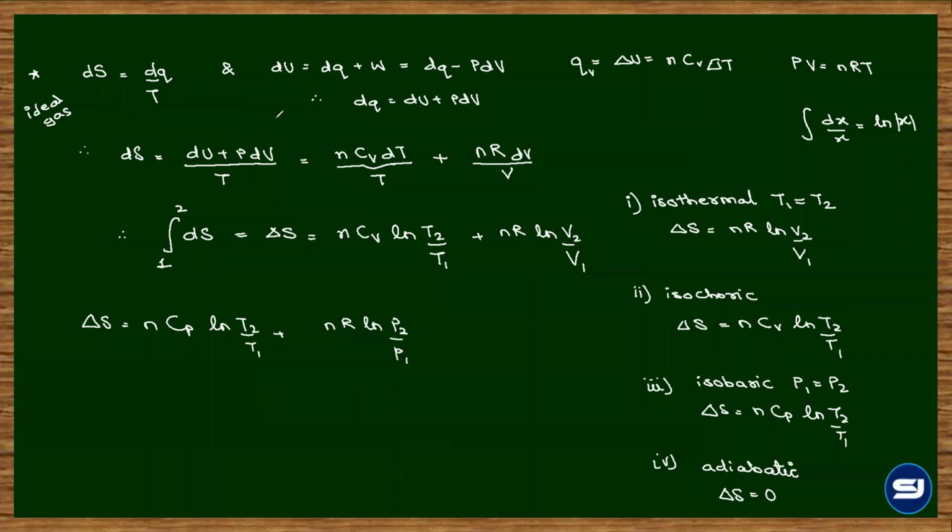And at definite temperature. Definite means constant temperature, so T1 and T2 will be equal. So this term will go away, and from the second term delta S is equal to nR ln of P1 by P2. Sorry, it is P1 by P2. So this will become 1 by P2.